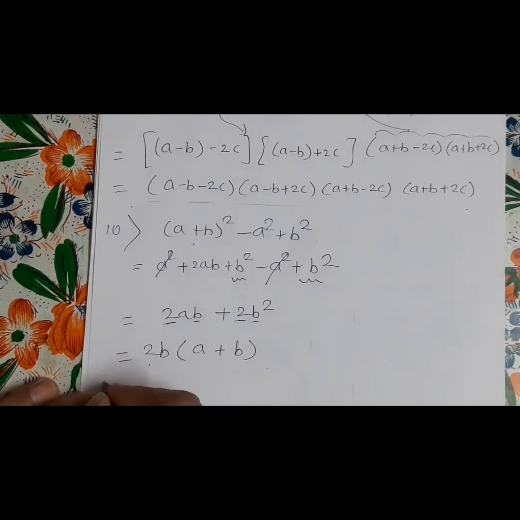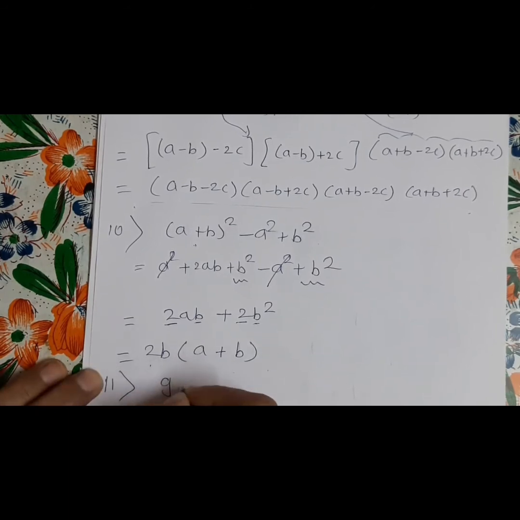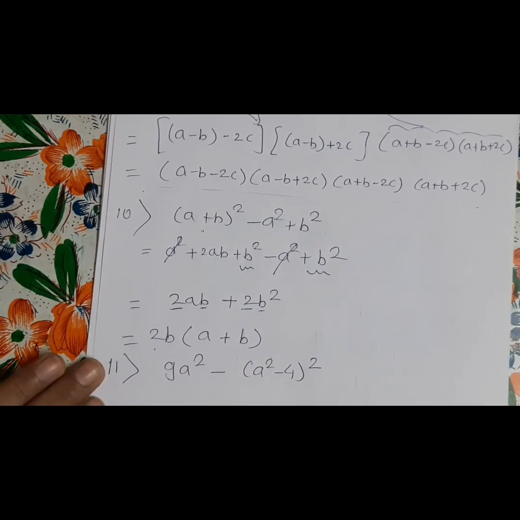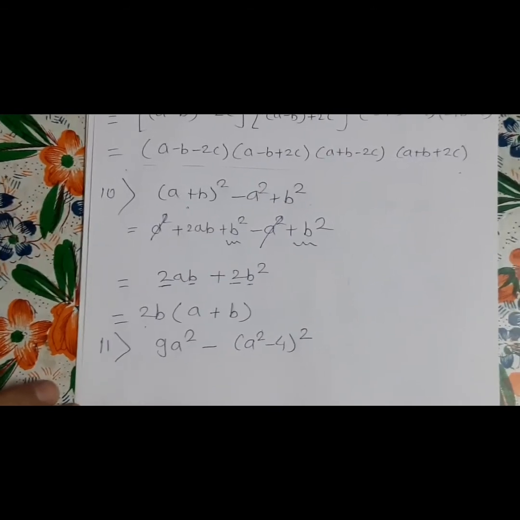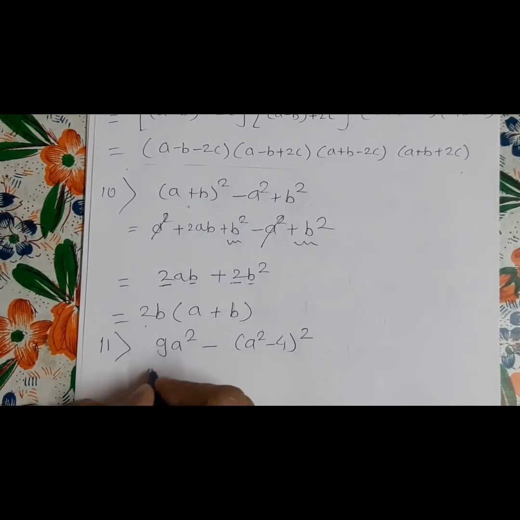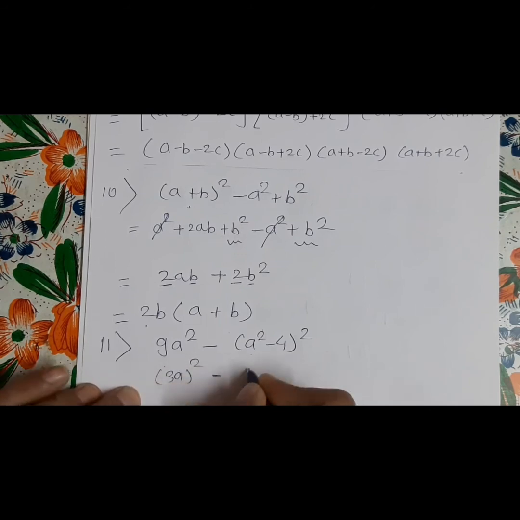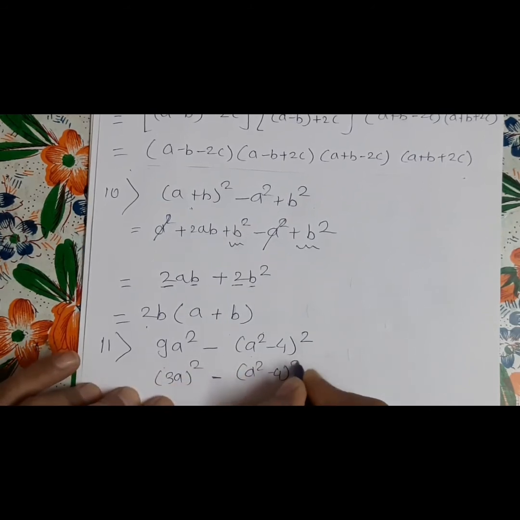Now we'll consider the next example, example number 11. It is 9a square minus a square minus 4h square. Now if you observe this algebraic expression, the square of the first term is 3a whole square, minus a square minus 4h square.